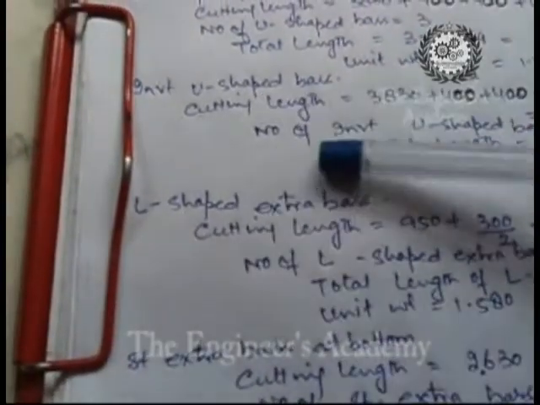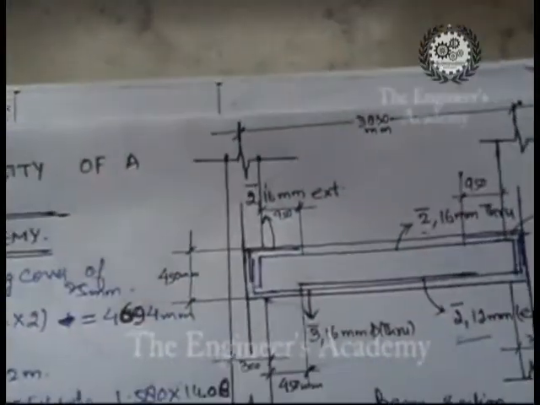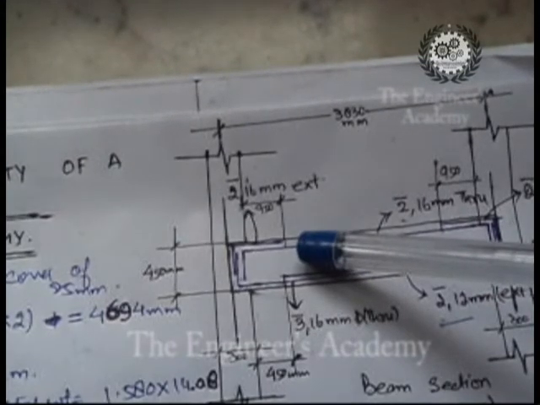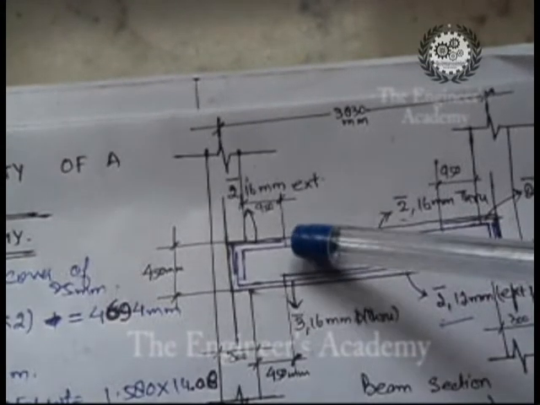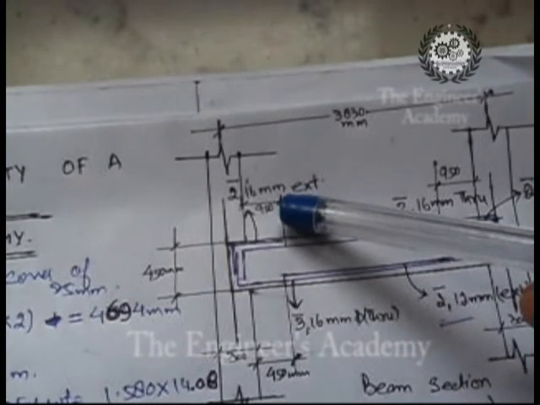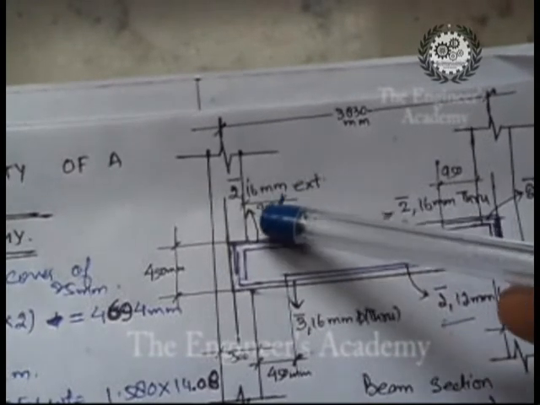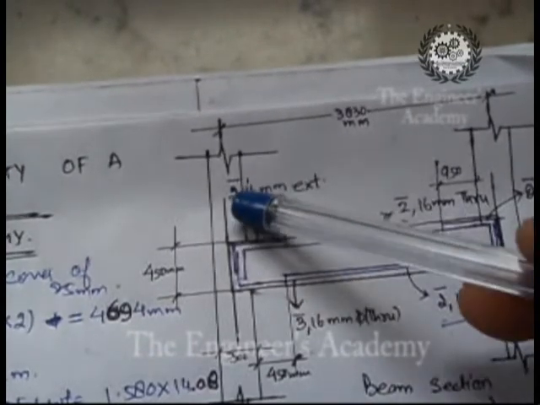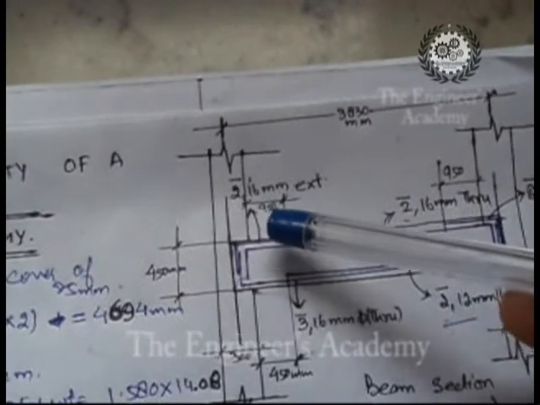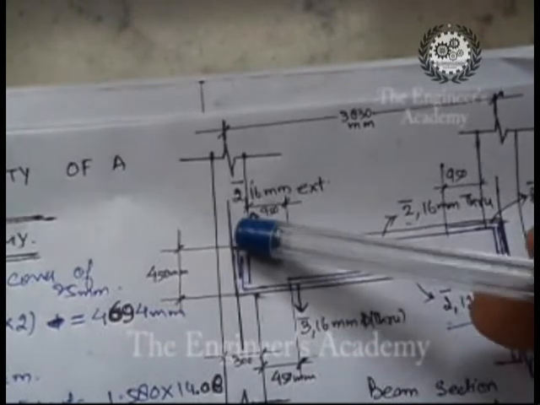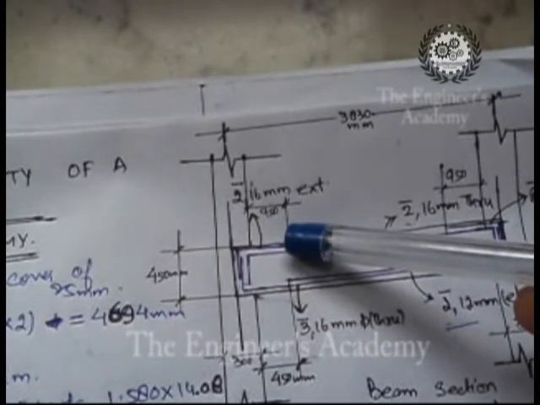Then we have the L-shaped bars. Since we have the L-shaped bars here, we need to pay some attention to the length calculation. We have a total distance given in the figure, that is 950 mm, but it is simply given from the end of the support, and we know that the steel is embedded to half of the depth of the wall, so consider that also.